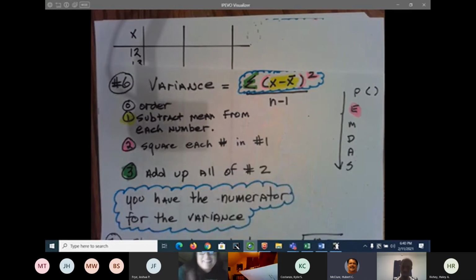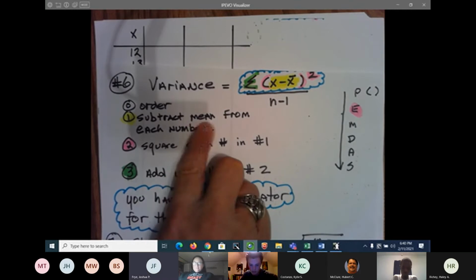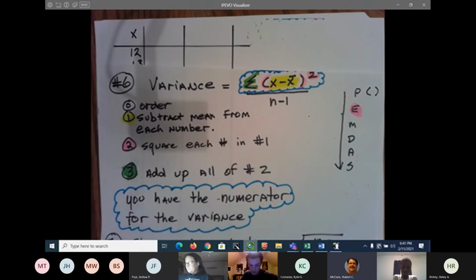What are we going to do with X? Subtract the sample. Subtract the what from each number? The mean. Okay, what is the mean? What letter tells you it's the mean? Not X, X bar.